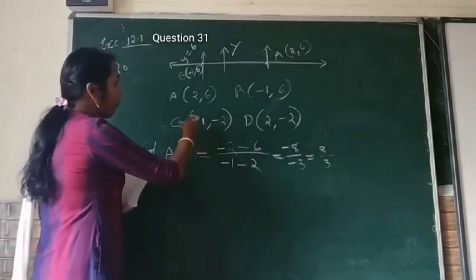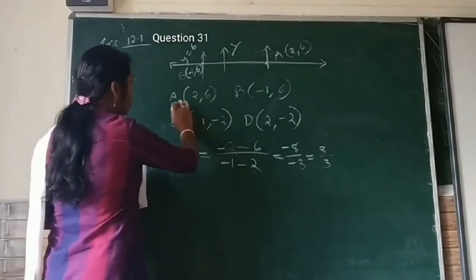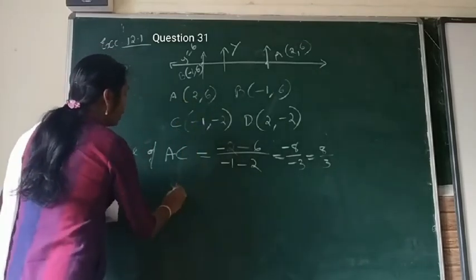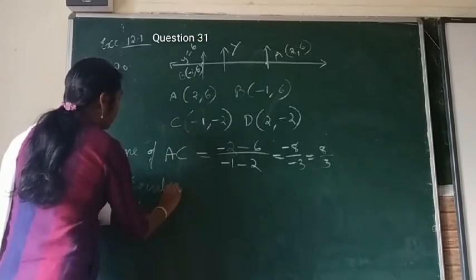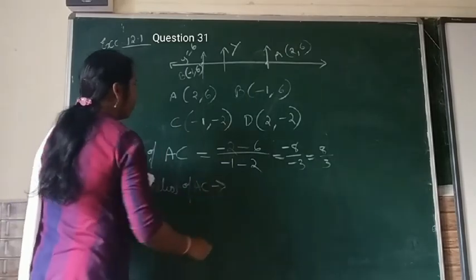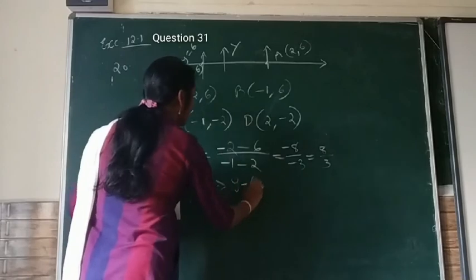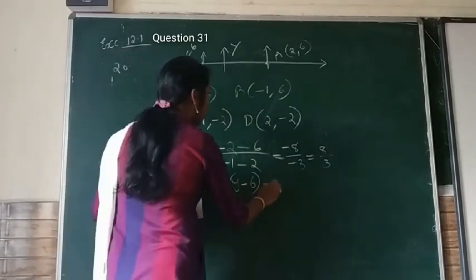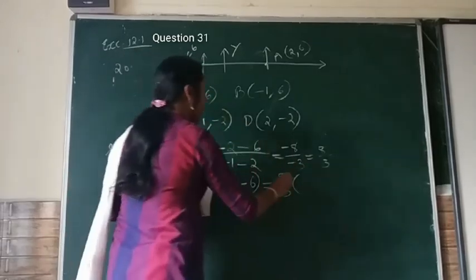Now we can apply the point slope form. Any one of the points we can use, that is we use the point A. So equation of AC is y minus y1, that is y minus 6, is equal to m, that is 8 by 3, into x minus x1, x minus 2.